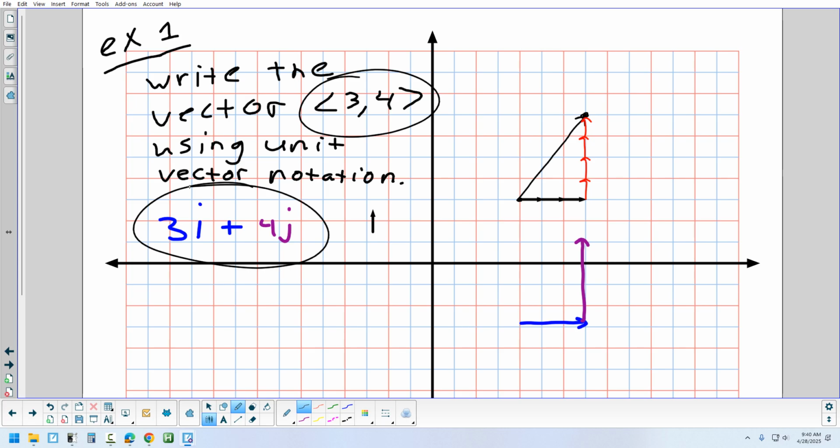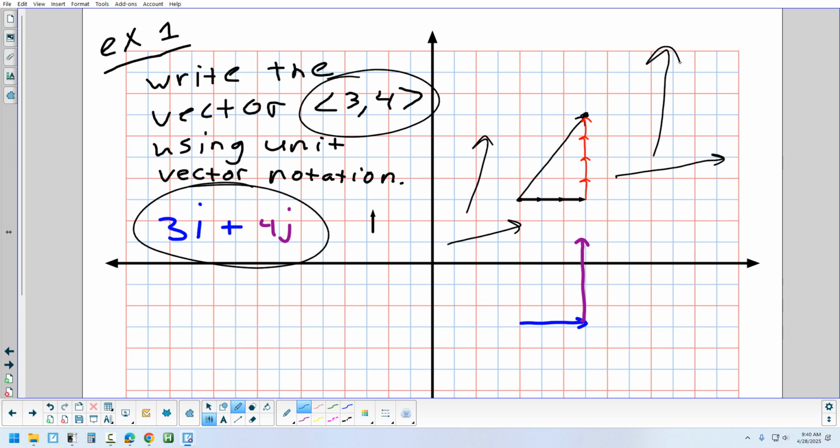So it's basically like the algebraic notation, except take out the comma, get rid of the angle brackets, put an i after the 3 and a j after the 4. Now, i points right and j points up. So using i's and j's, we can really only draw vectors that go up and to the right in some way. What would I have to do if I wanted to draw a vector that goes left or down?